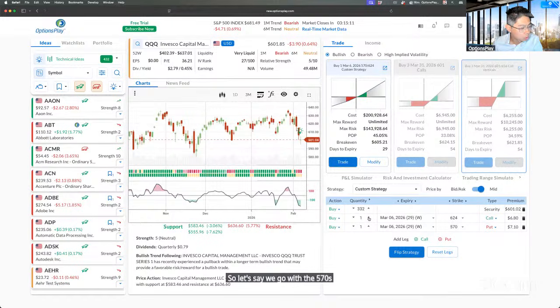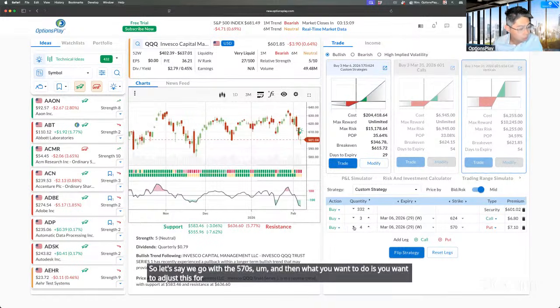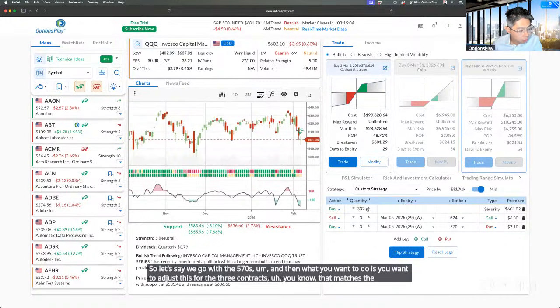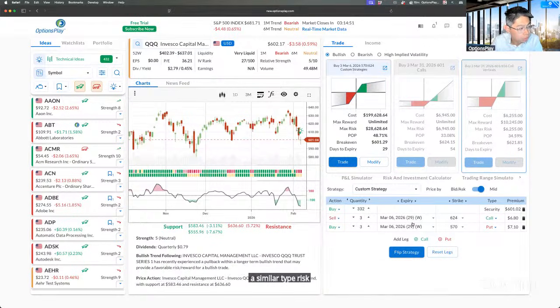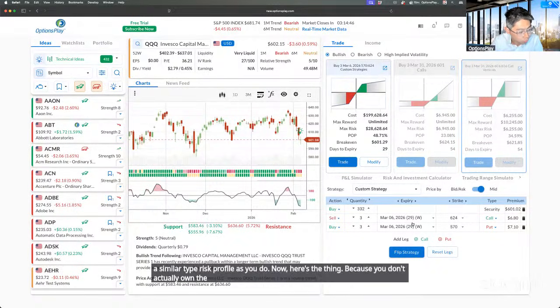And then what you want to do is adjust this for the three contracts, that matches the number of shares that you own in this specific portfolio, or a portfolio that's very similar to this. And that's how you would be able to achieve a similar type risk profile. Now, here's the thing, because you don't actually own the QQQs in your portfolio, to sell a naked call, which is what you're doing here, would require a significant amount of margin.